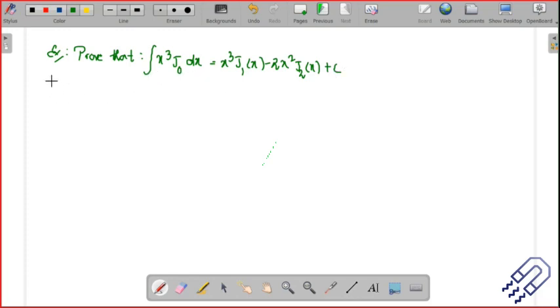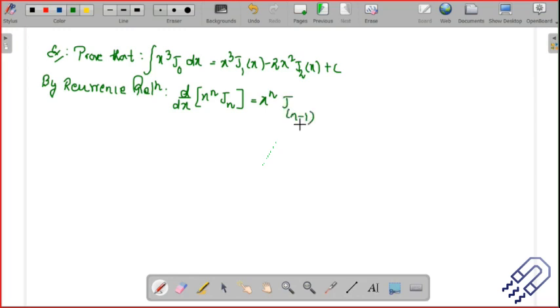So we'll take one more recurrence relation we have. The relation is d dx of x to the power n Jn is equal to x to the power n and then J of n minus 1.